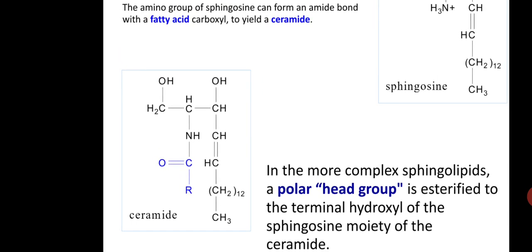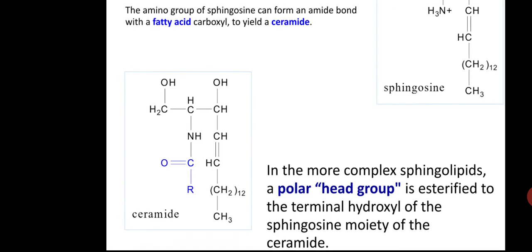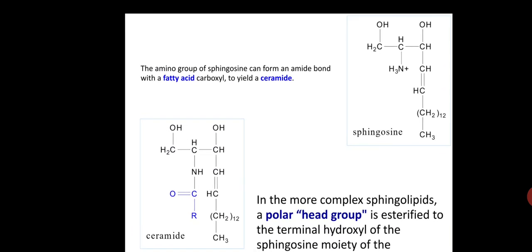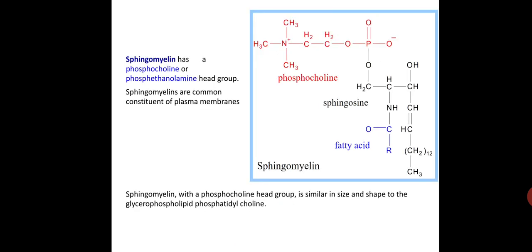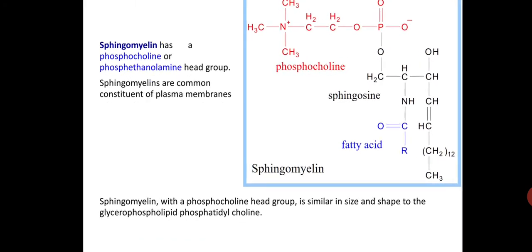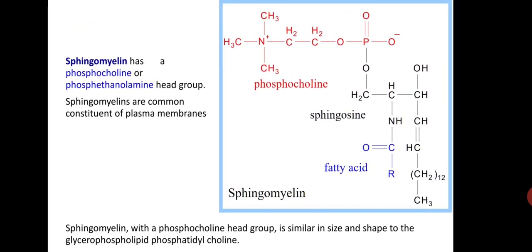In complex sphingolipids, the polar head group is esterified to the terminal hydroxyl of the sphingosine moiety of the ceramide. That has a special role in cell signaling or neural transmission. Sphingomyelin is one such new word I am introducing right now. I'll be discussing this in my next upload.